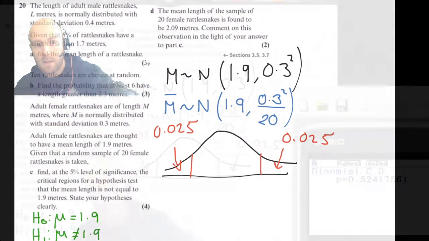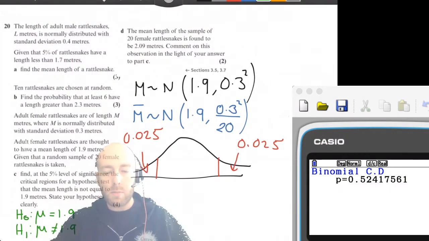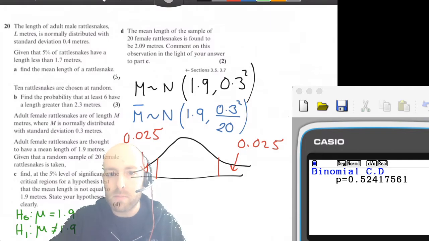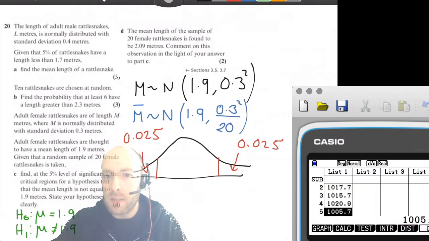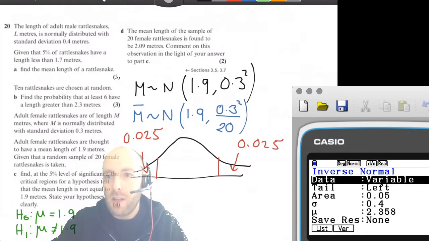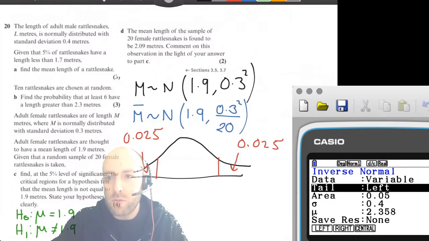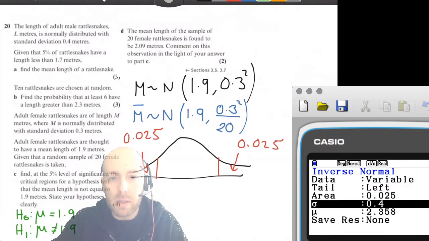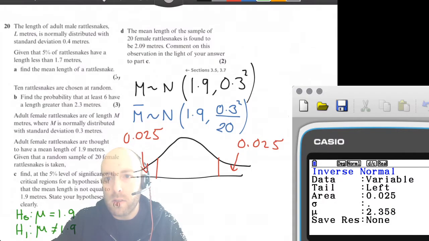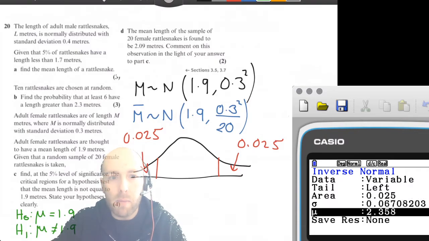So if you bring back the calculator, two tails, so we need to find two different critical regions. And we know the probabilities, so it's going to be an inverse normal. So push inv, and then tail 0.025. Sigma is going to be 0.3 divided by square root of 20. And my mean is going to be 1.9.